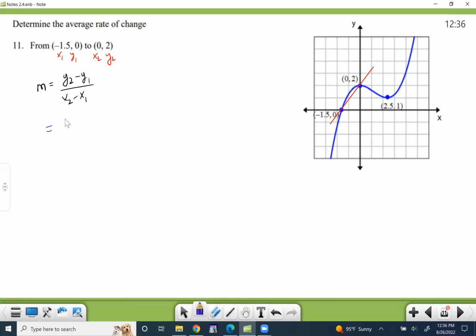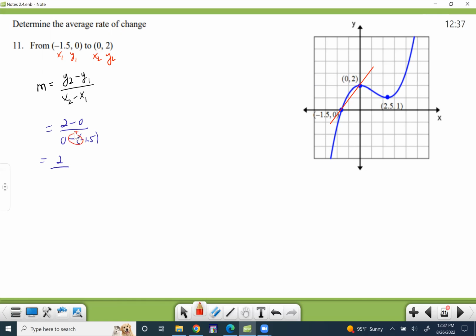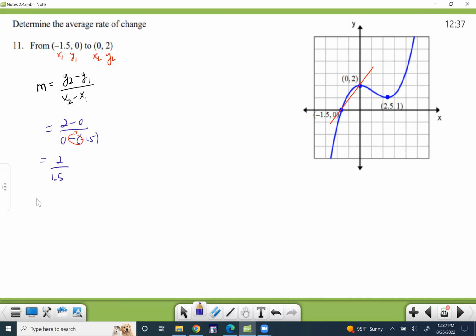All right, y2 minus y1 over x2 minus x1. 2 minus 0 is 2. We know that minus minus is going to become a plus. So 0 plus 1.5 is 1.5. Now, we talked about how you don't want this decimal within a fraction thing, right? We don't want this. So you can divide it out, whatever.